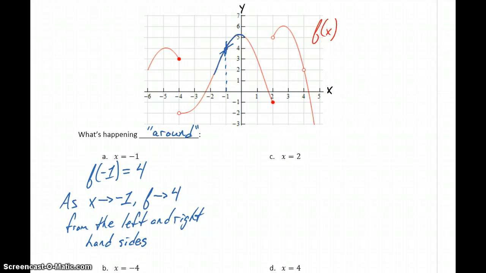So that's what we want to talk about for each of these remaining points. We're going to look at a couple of other examples. We want to talk about what's the function value as we trace along the graph from the right-hand side, as we trace along the graph from the left-hand side, what function values are we approaching?